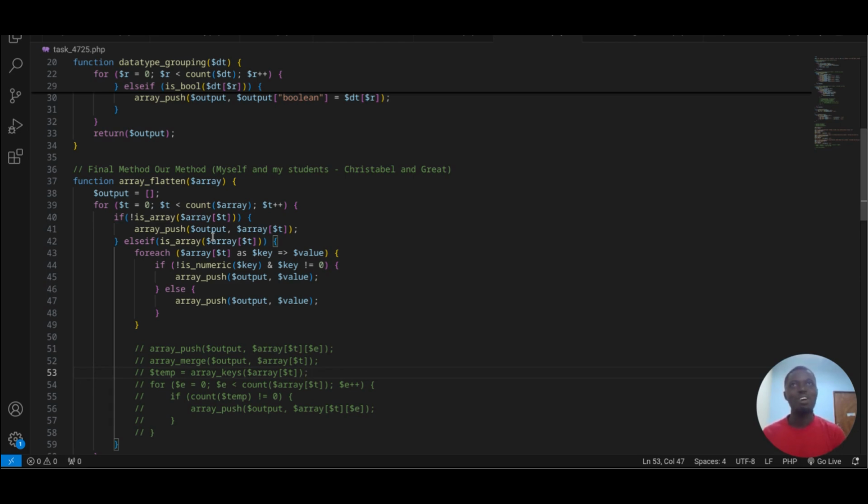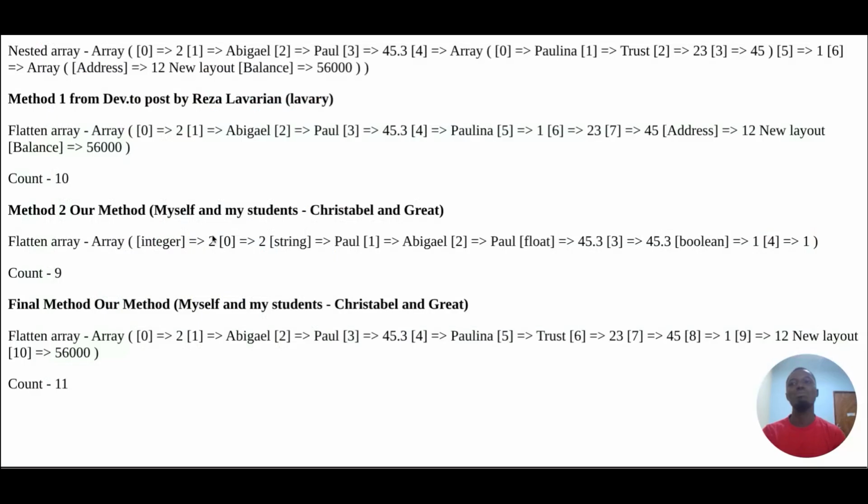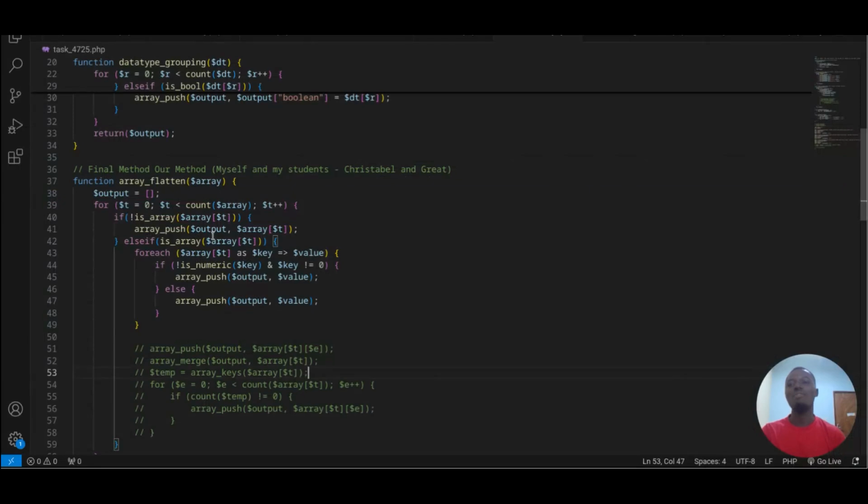I remember that day my students were like, "Let's just leave it now, since we've already used the method given to us by Reza, giving us a count of 10. Why can't we just forget that one?" I said, "No, that one is important." We kept on trying, and finally we did it.